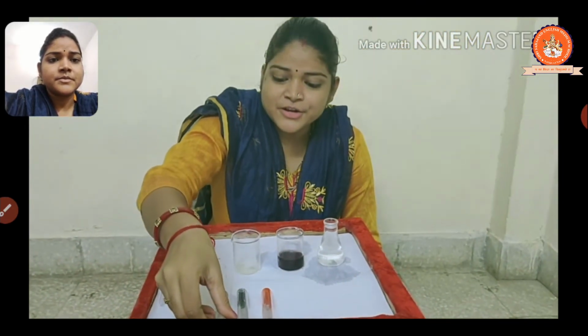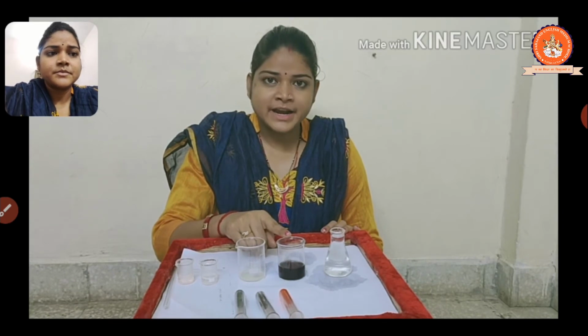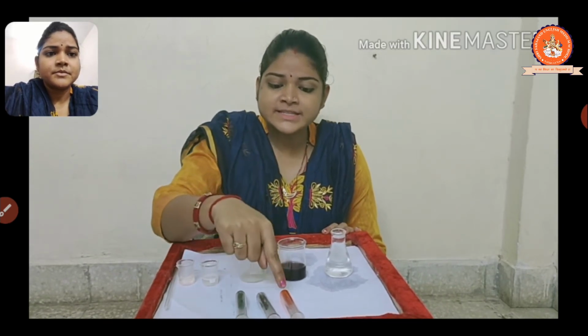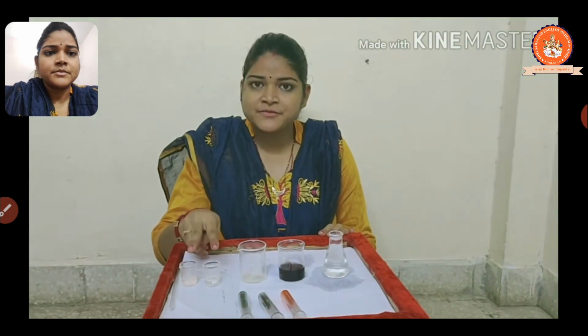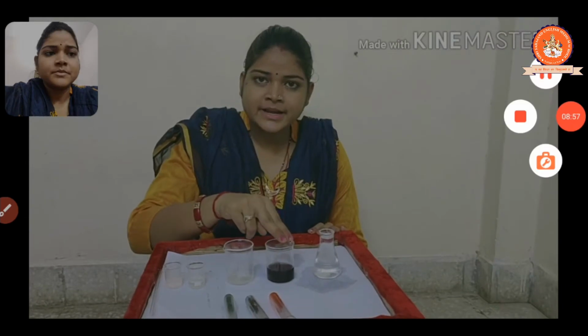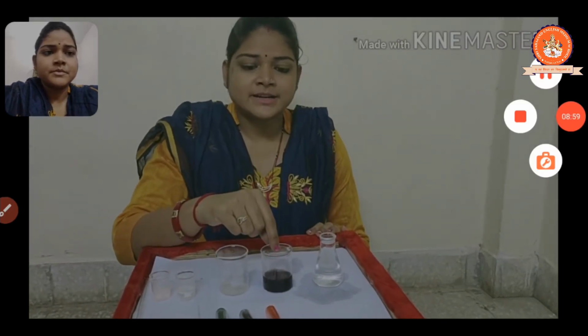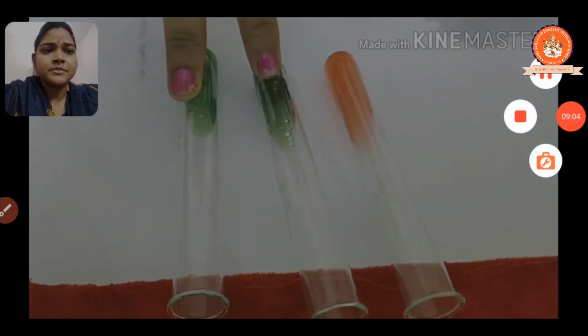So here we conclude that if we use acidic solution and add China rose indicator, then the color will change to light pink, and when we use the basic solution and add China rose indicator, then the color will change to green.